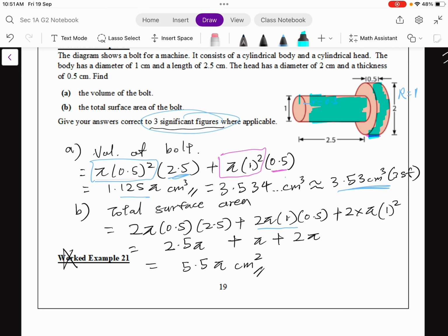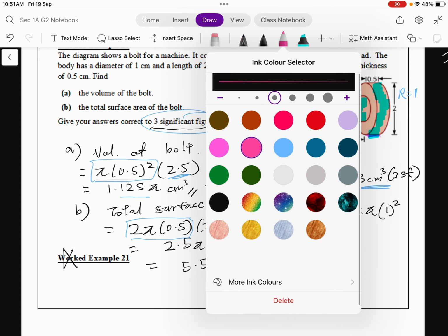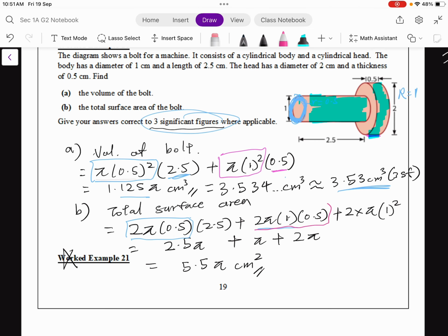We find the circumference of this one, the circumference of the small cylinder, then the circumference of the big cylinder, then multiply by the height to get the area.